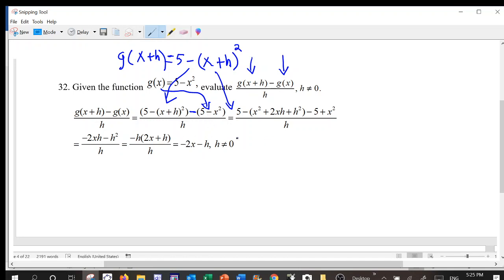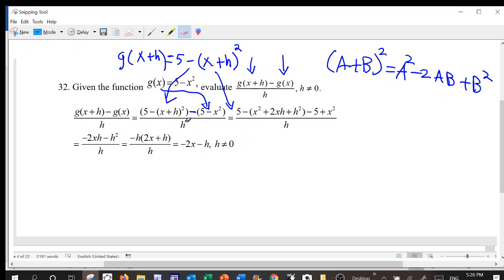Now, simplifying this requires that identity: a plus b squared is a squared plus 2ab plus b squared. So here a is x, and b is h, right? If you do that, that's what you get, and then you have to distribute this minus, right?